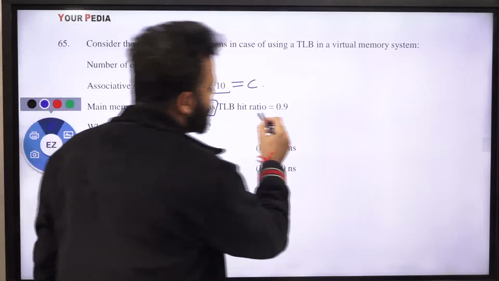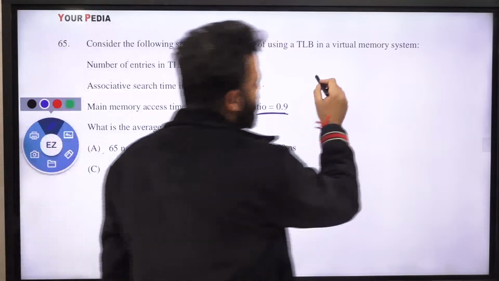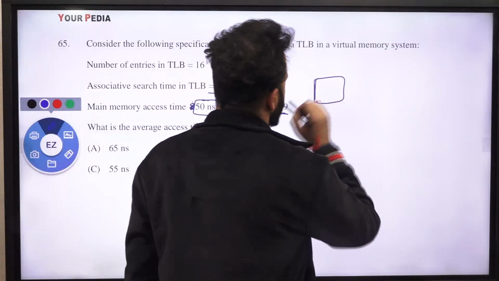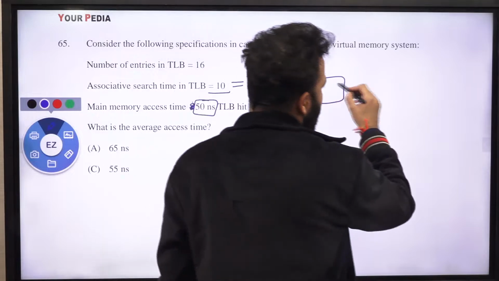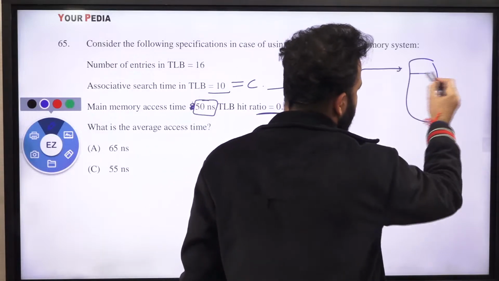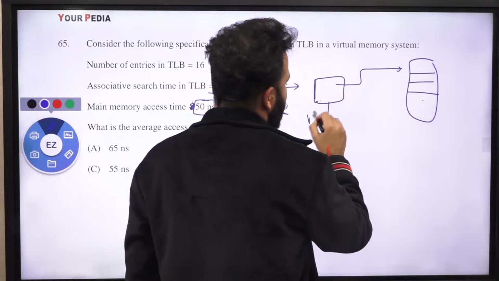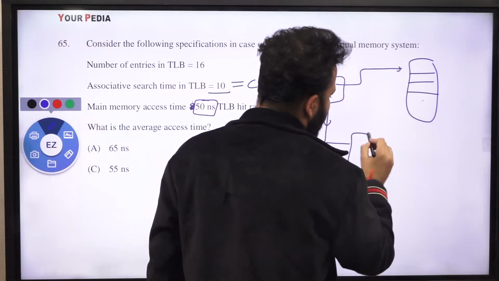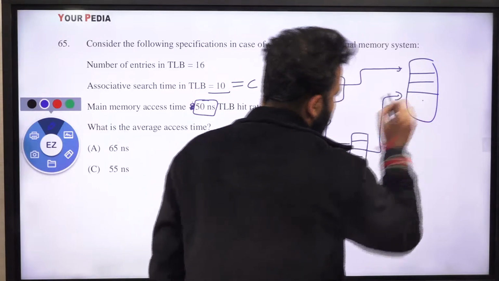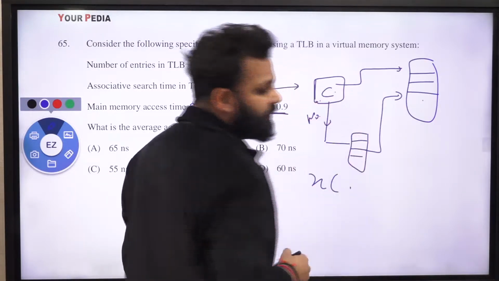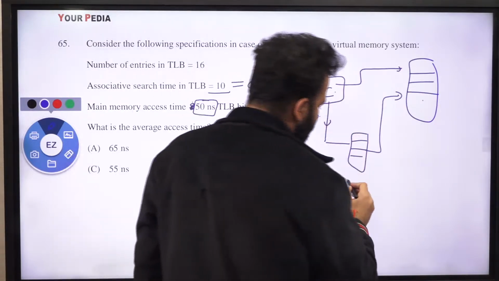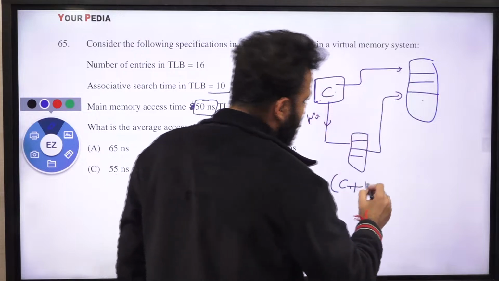And TLB hit ratio is given as this. So what TLB does is, whenever we have a request, if it is found in TLB, you will just go and access the memory. If it is not found, you will go to the page table and access it. If there is a hit, you have C time, which is of TLB, plus 1 memory access to fetch it.